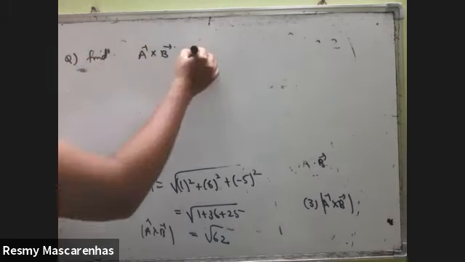Put the correct signs. The coefficient of k is -1. And for B it is -3 k cap. So that's why -3 after.